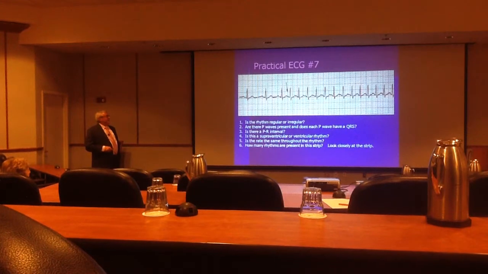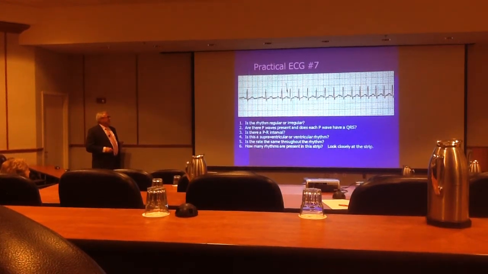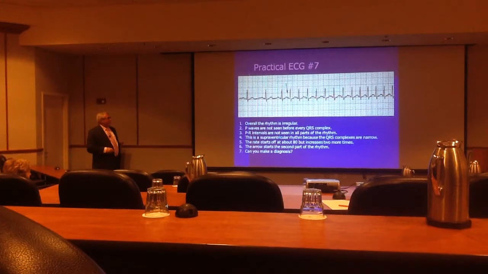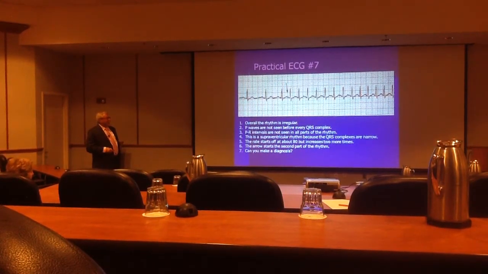SVT. It's a fast rate, a regular rhythm, narrow QRS complexes. That means depending upon how fast it is, it's either a sinus tachycardia or atrial tachycardia. And then what happens over here? It even gets faster. And when it gets faster, you don't see any QRS complex, any P waves at all. So that breaks down into a PSVT.